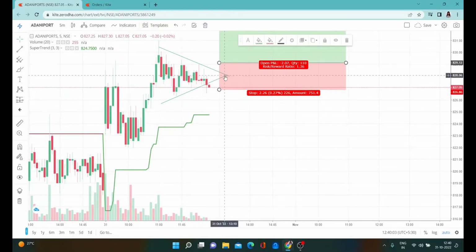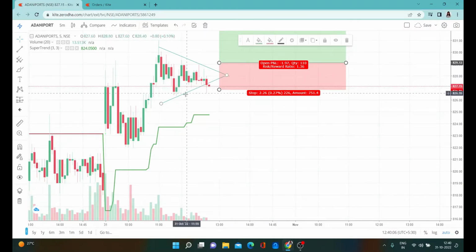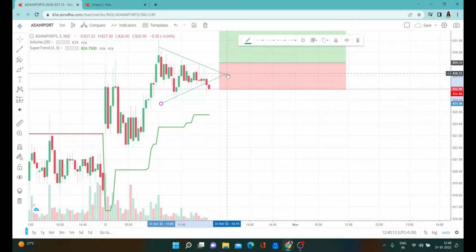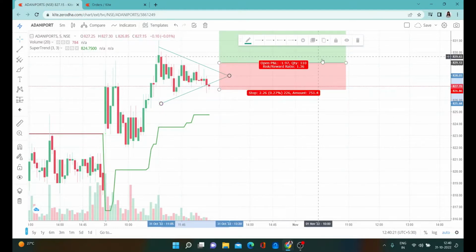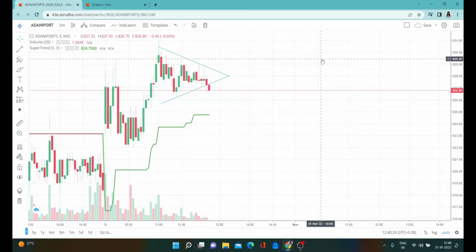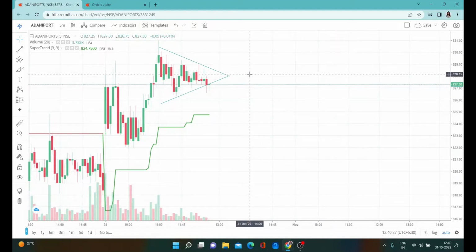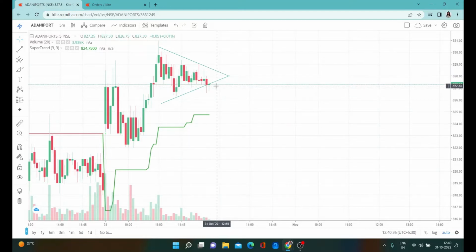Let me adjust the trend line. Take a short position only and only if it forms a candle outside the trend line without a wick. Without a wick.